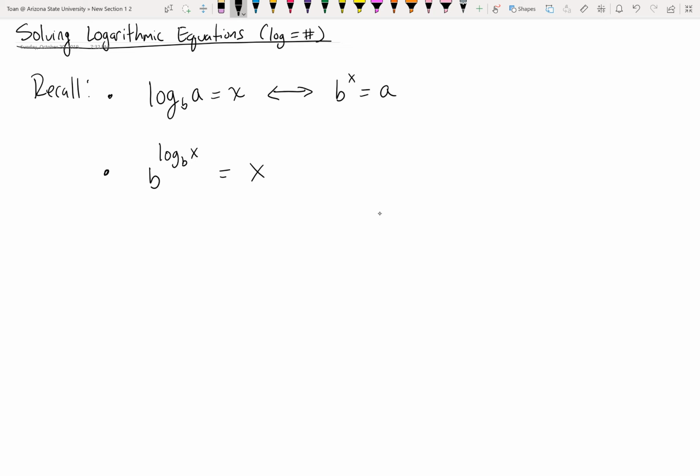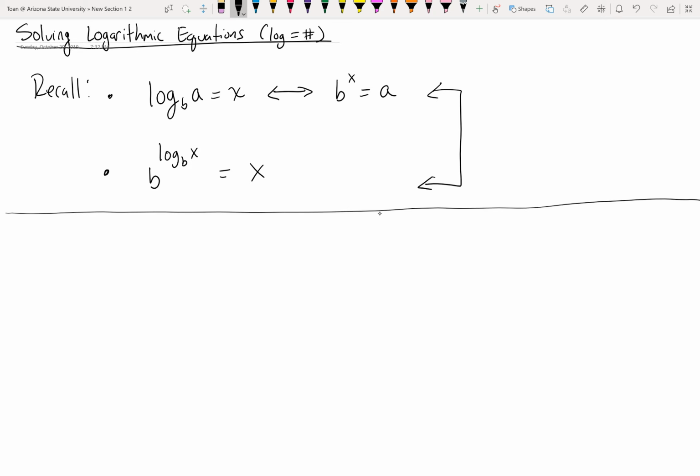So these two techniques will achieve the same goal, rewriting in exponential form. It's just different philosophies. So convince your mind however way you want, you will achieve the same goal. But those are the only tools that we need to solve logarithmic equations.